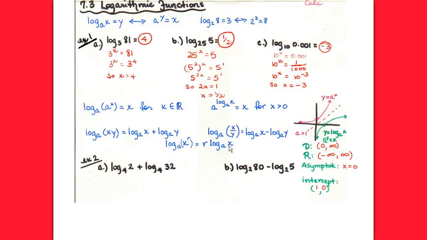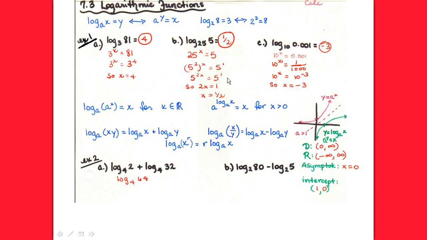So look at example 2. For example number 2, it says use the properties of logarithms that we just learned to evaluate the following. And they give us log base 4 of 2 plus log base 4 of 32. So what can I do with that? When I have two logs that are being added, I can combine them into one single log of the numbers being multiplied. So 2 times 32 is 64. Now I'm right back to what I was doing up here on the top of the page, right?